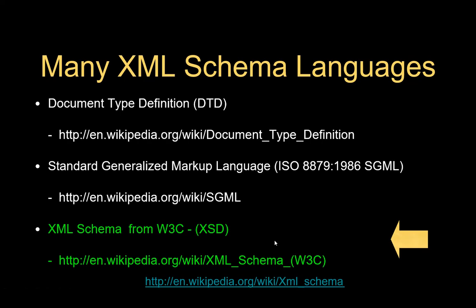So there are many different schema languages that we have. We have what's called document type definition, or DTD. We have the standard generalized markup language, or SGML. But what is mainly used and kind of prevailed right now is XML schema from W3C, or XSD.